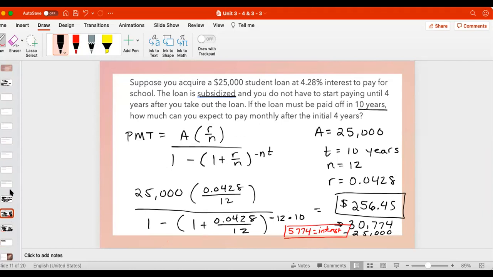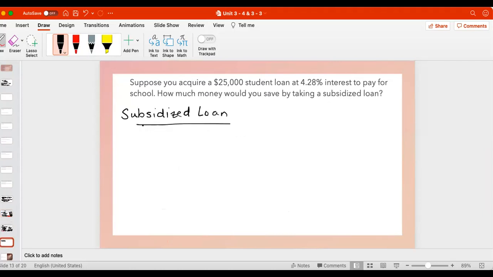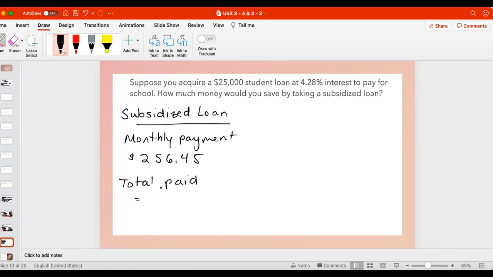So we said that our monthly payment was $256.45, and the total paid for this loan is $30,774.